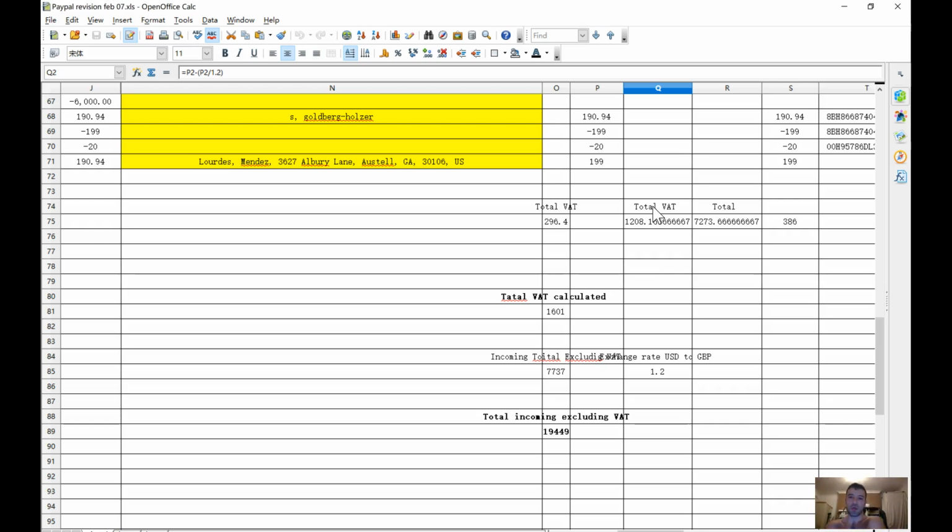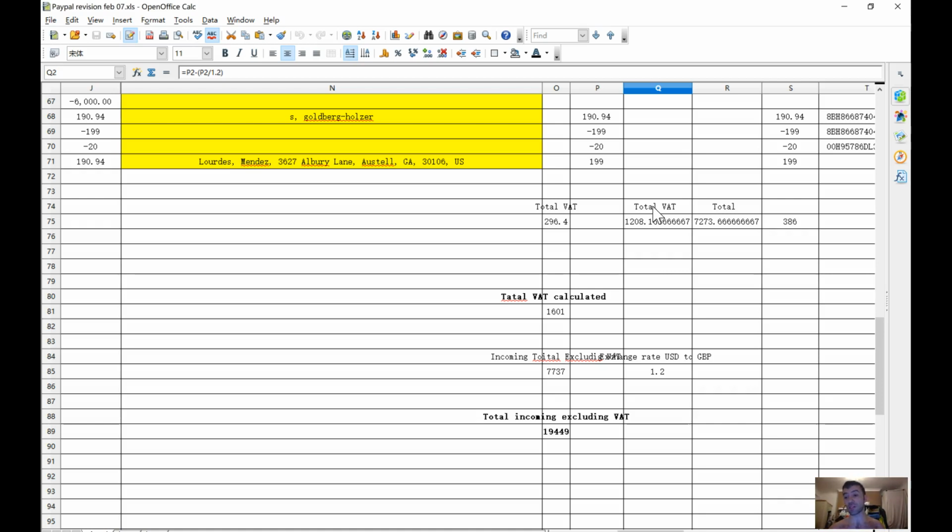That is done with a mixture of manually and automatically, but it's got to be calculated using these spreadsheets.